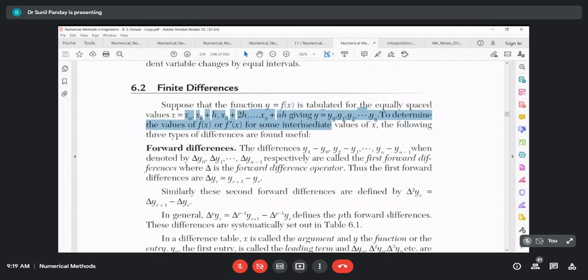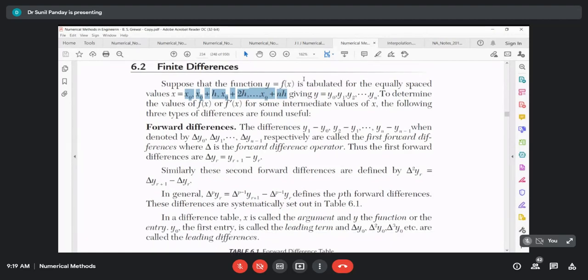So with this given data set, we generate some function f of x, and then we can substitute any random value of x and get its value. Once we get the form of f of x, we can calculate its derivative also, and the value of the derivative at some unknown intermediate point, other than these n plus 1 points, because these n plus 1 points are already with us.